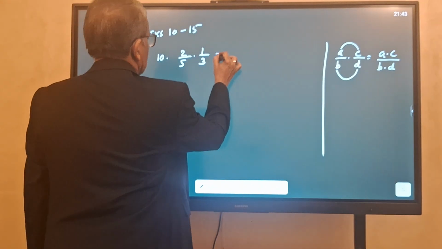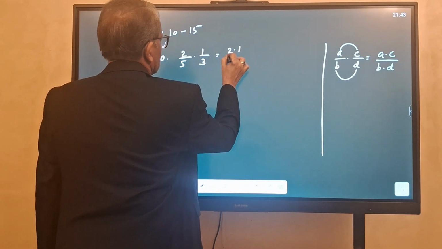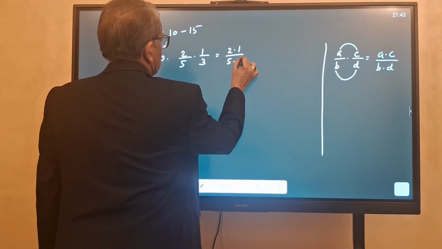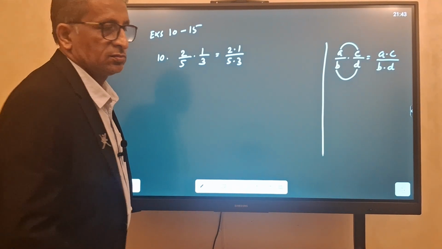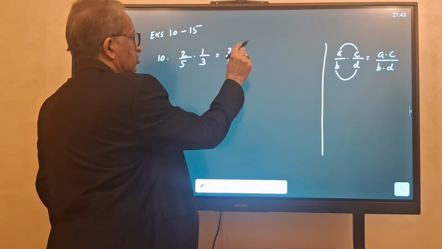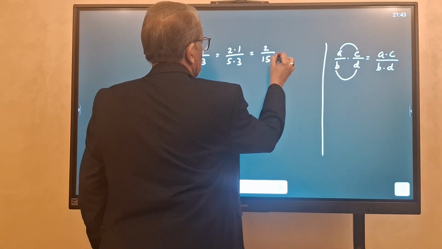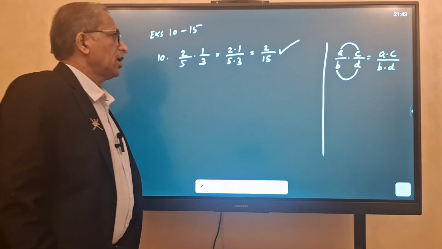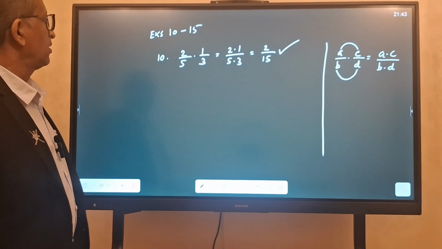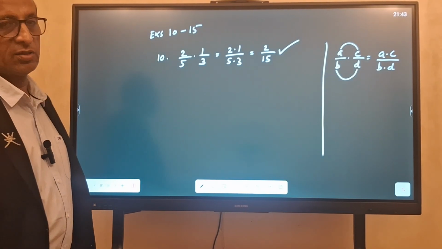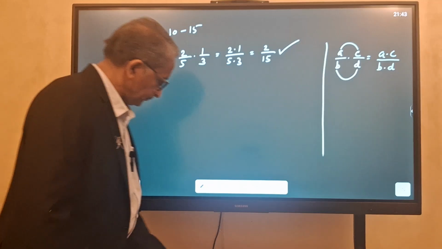Exactly in a similar way, it is 2 into 1 and 5 into 3. Nothing common, so no cancellation. So the final answer is 2 by 15, which is the multiplication of the two fractions.